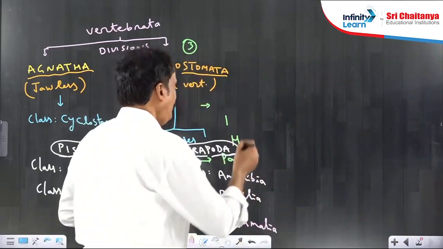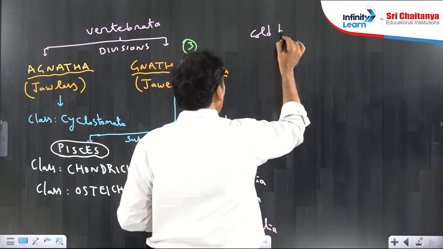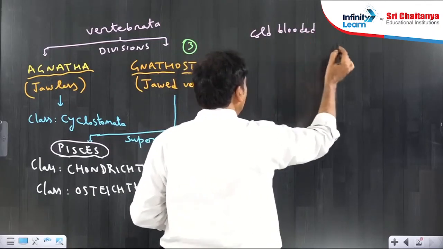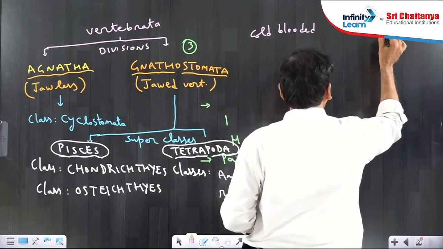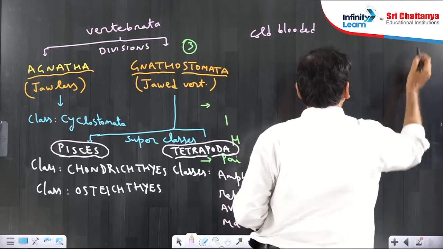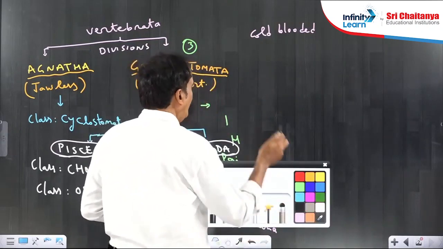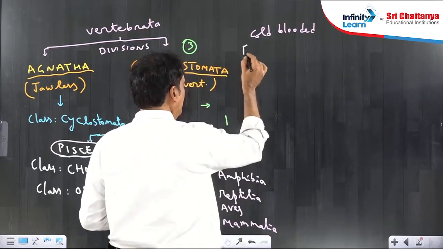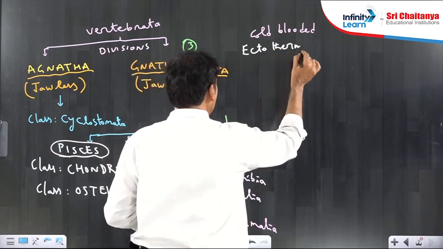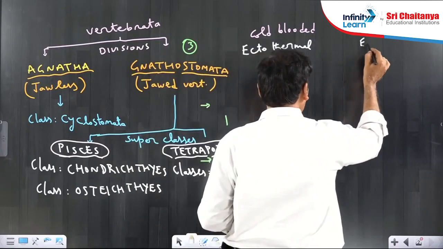We divide the animals as cold-blooded and warm-blooded. Right? So cold-blooded are also called ectothermal animals. Warm-blooded are called endothermal animals.